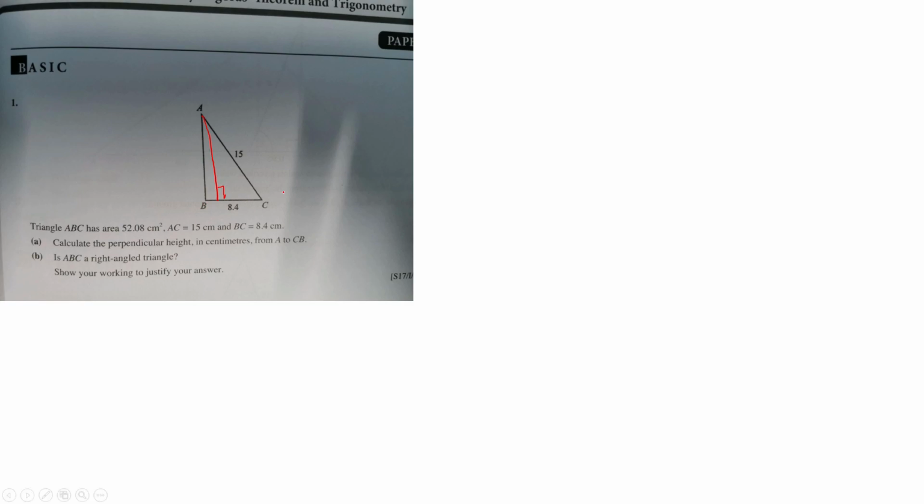So how do we go about doing this? Since we are given the area is 52.08, we know that the area of a triangle is half base times height. So the base here is 8.4. Half base times height is equal to the area of the triangle, 52.08.